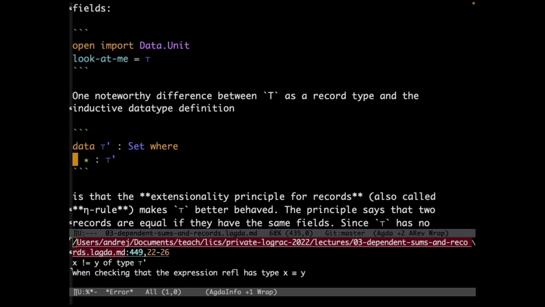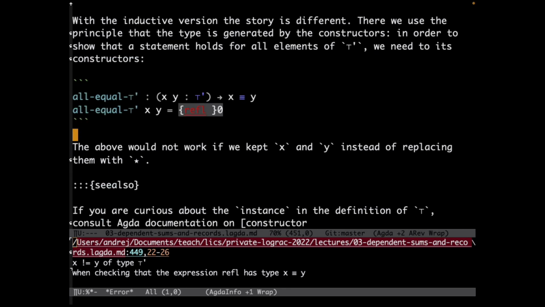So, I'm trying to prove that all elements of this T prime are equal. How can I do that? The only way that Agda knows of proving things about or computing with these elements is you have to consider the cases. That is the point of having an inductive data type. An inductive data type is generated by the cases, the constructors.